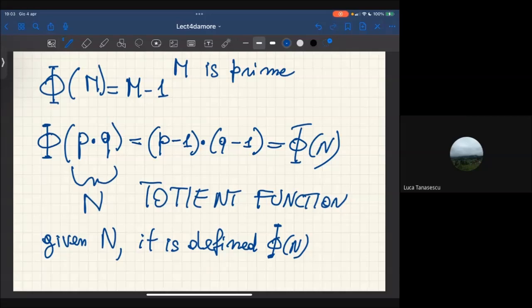So don't give a particular meaning to phi of n, because the meaning of phi of n is important only for proving the theorem, but we are not proving the theorem that is making RSA completely working. We are just giving the rules, and we don't want to go into mathematical details because too hard.